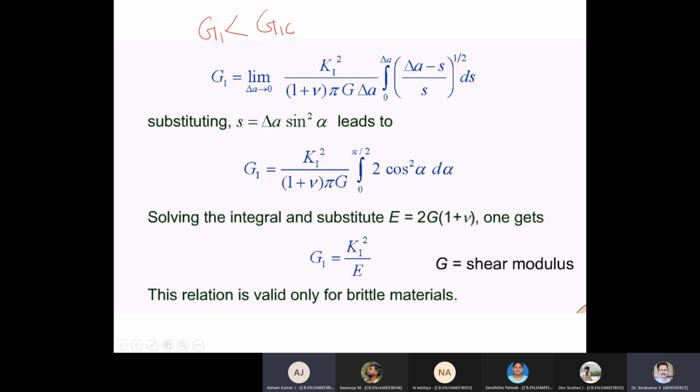Yes, sir. This is the ultimate simple logic to be checked. But getting G1 is a big process. This is the material parameter.